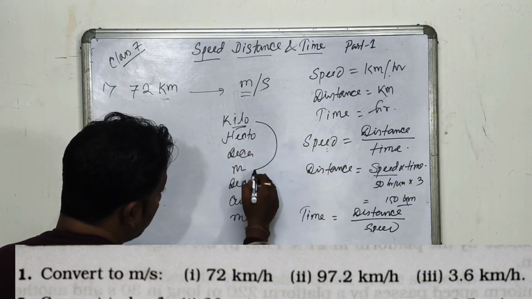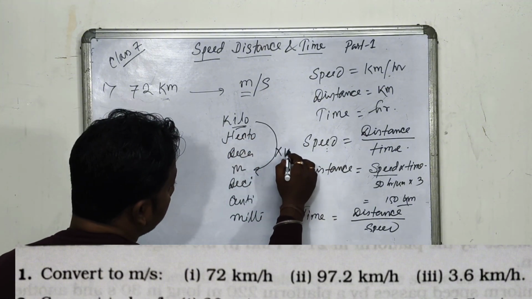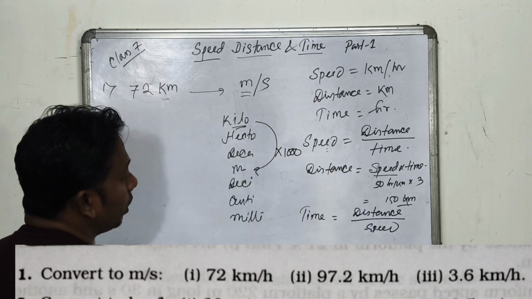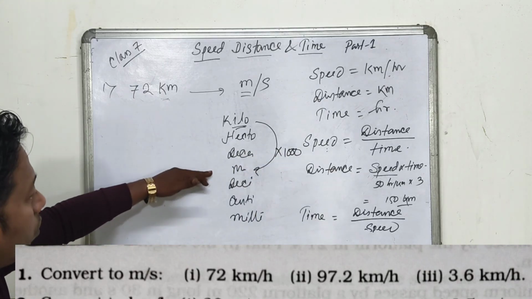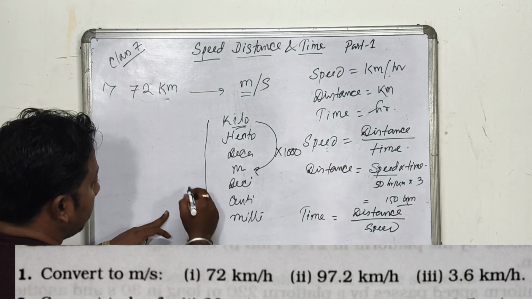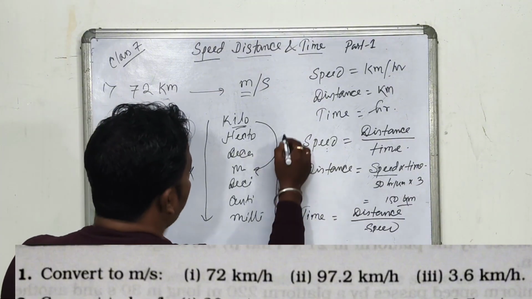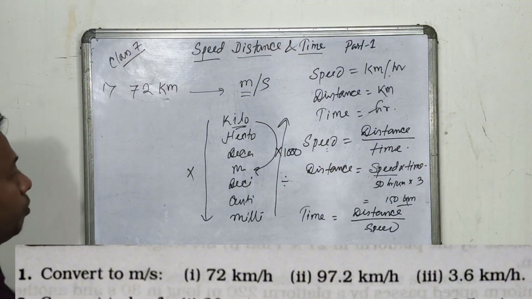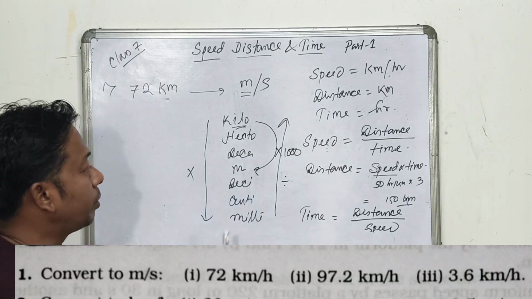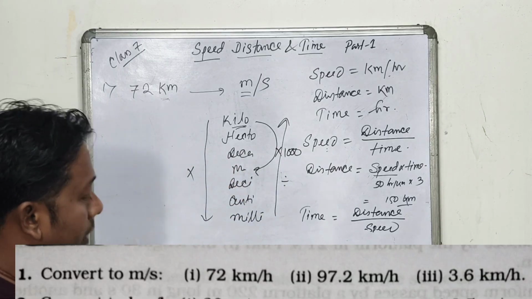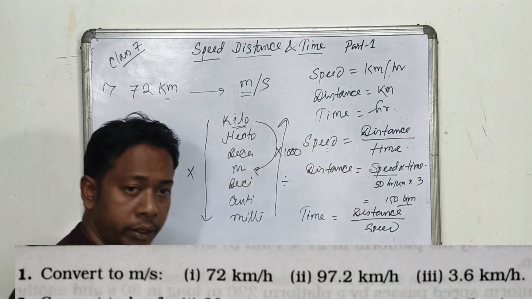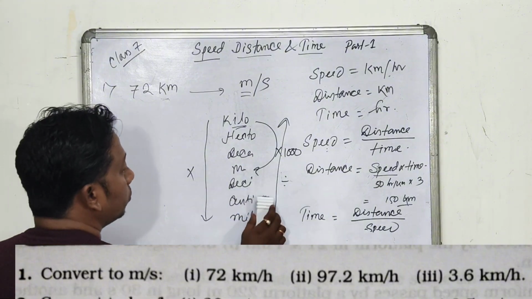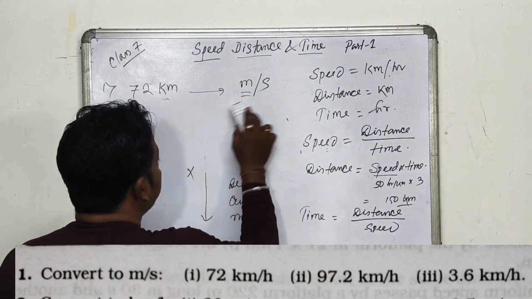So kilometer to meter, you have to multiply by what? 1, 2, 3, 1000. Clear? From up to down we have to multiply, and from down to up we have to divide. So from kilo to meter we have to multiply the value by 1000. Clear? I know all of you know about this.